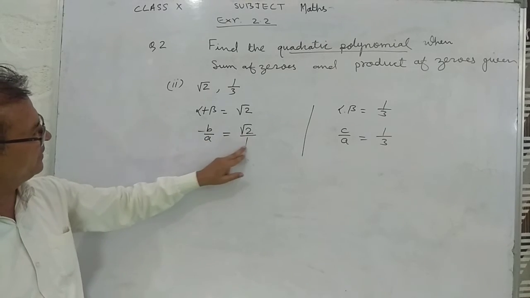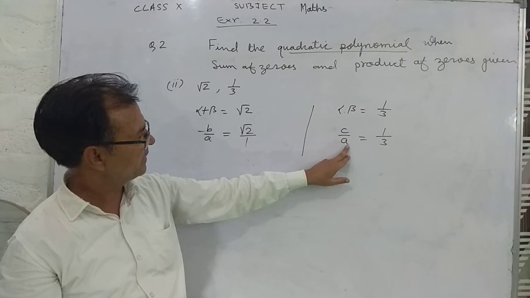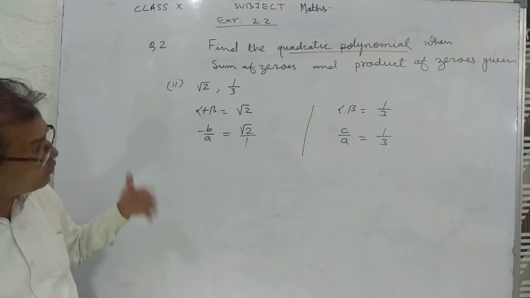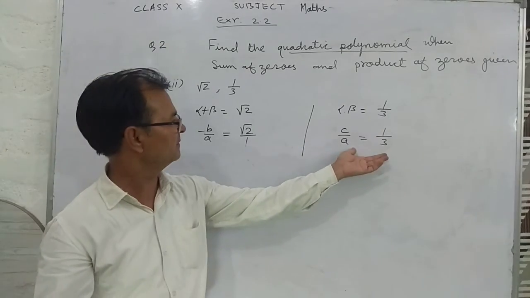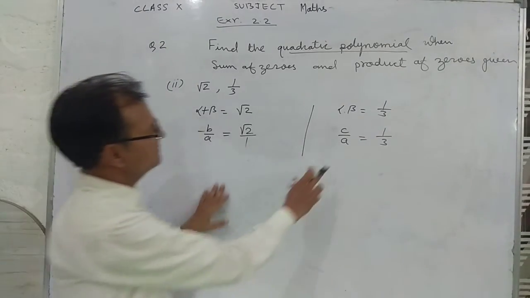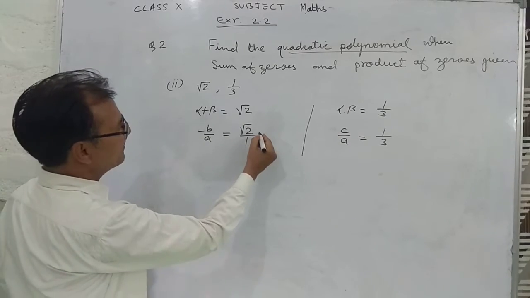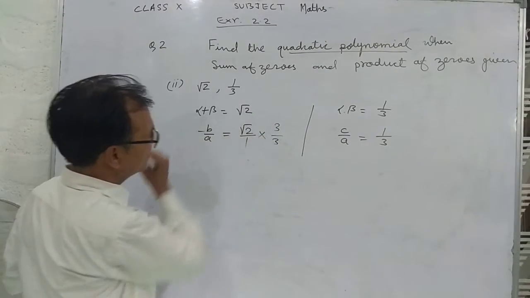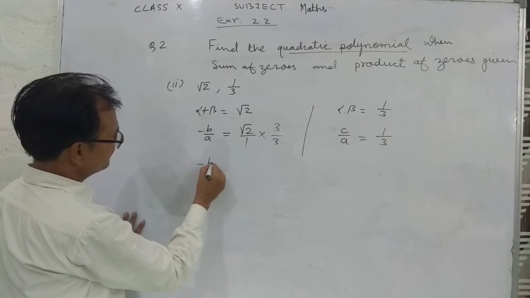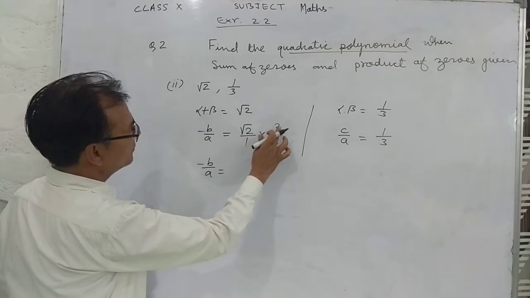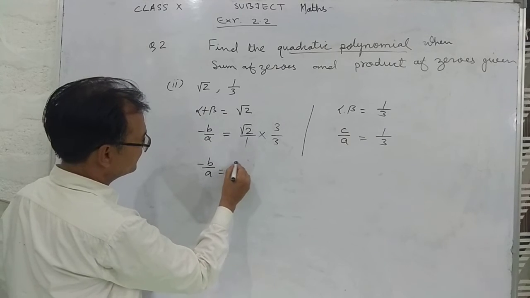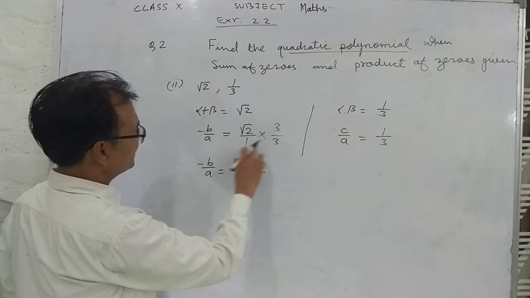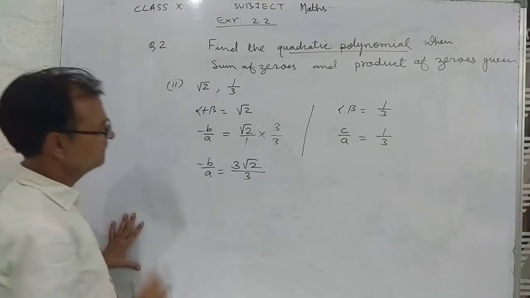Here we have a equal to 1. Here we have a equal to 3. Now equalize a in both cases. So we can equalize a as 3 here by multiplying numerator and denominator by 3. Minus b upon a equal to 3 multiplied by root 2 is 3 root 2 upon 3 multiplied by 1 is 3.